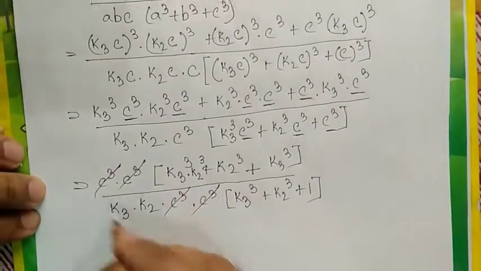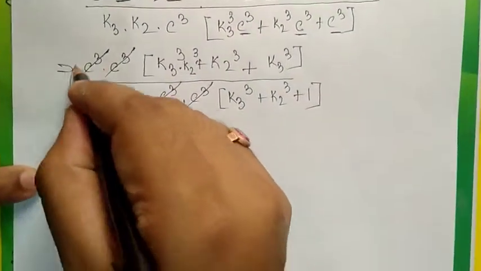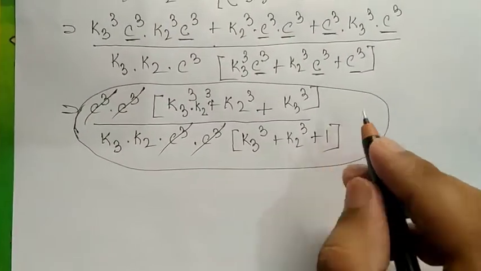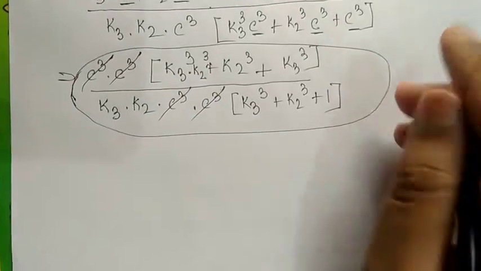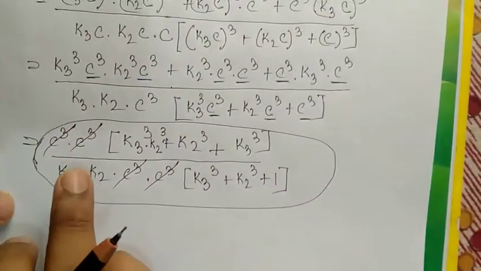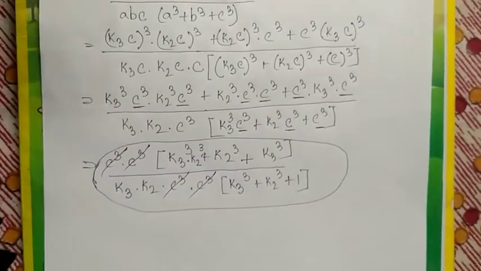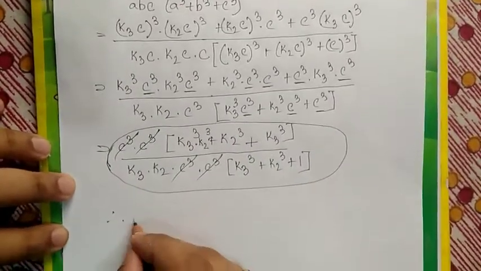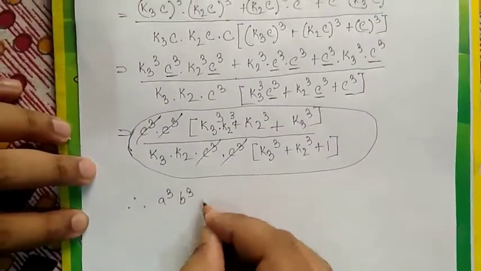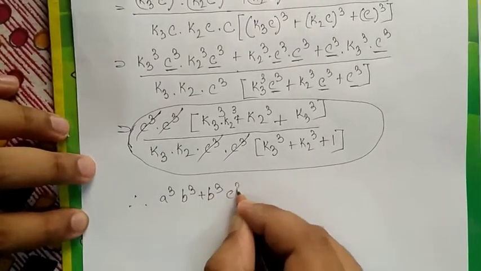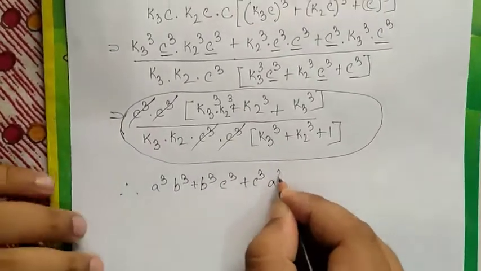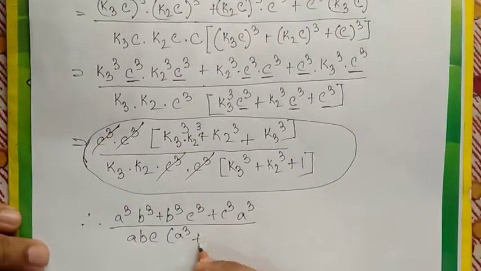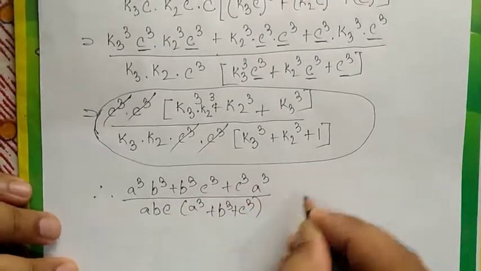Now this total value is a constant of variation and not equal to 0, and there is no A, B or C in it. A, B and C are the variables here, so this is constant.